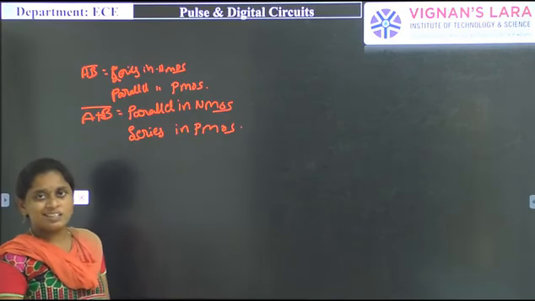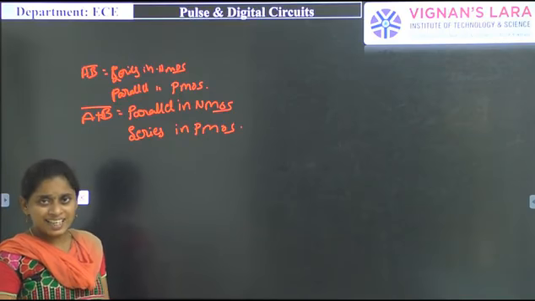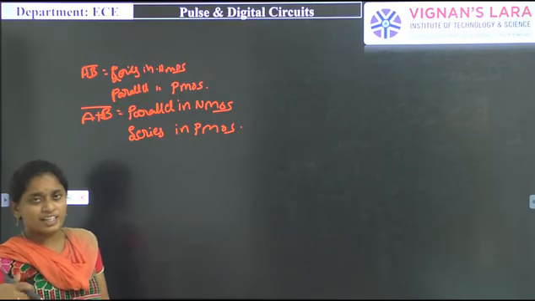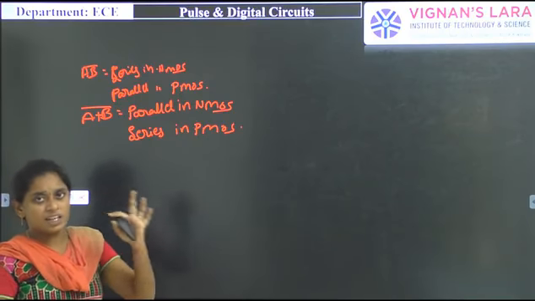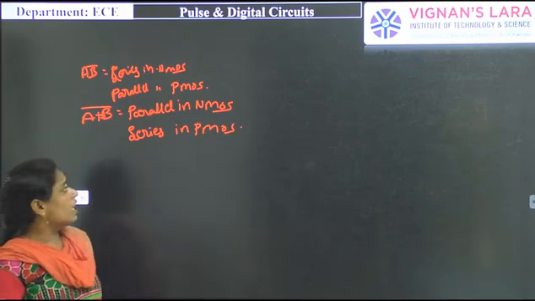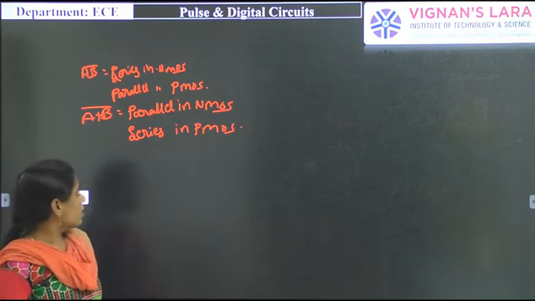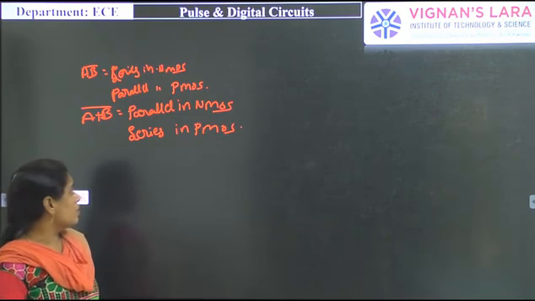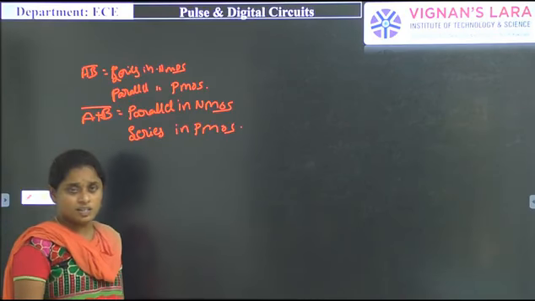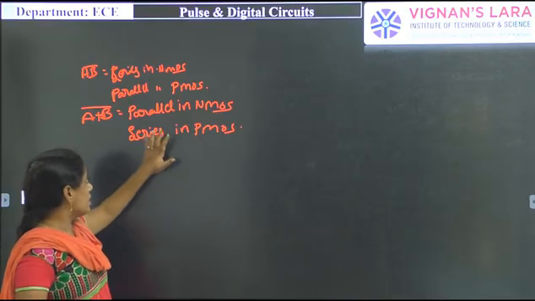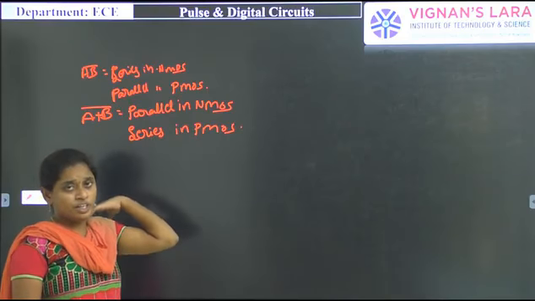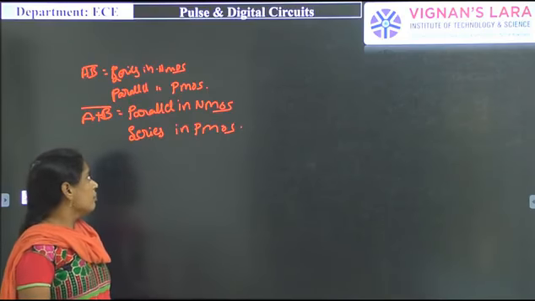So any NAND connection is series in NMOS and the reverse in PMOS, that is parallel in PMOS. And coming to the NOR gate, the NMOS will be parallel and the PMOS in series, like that.